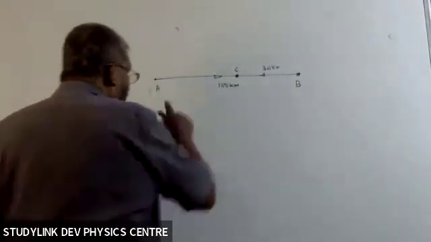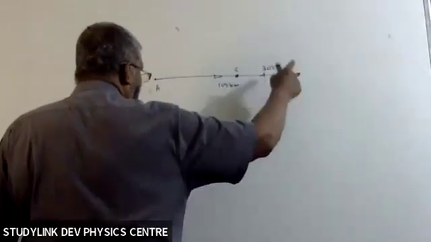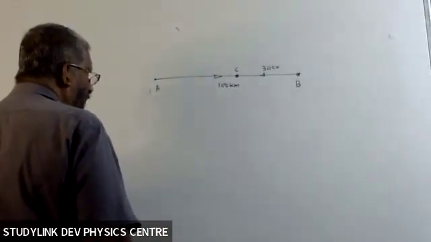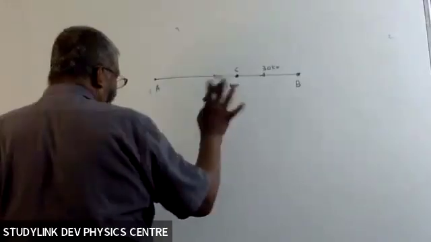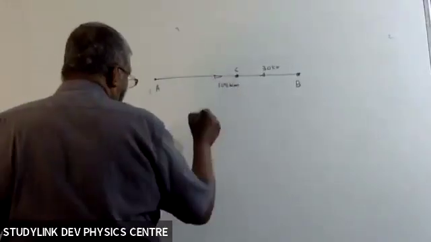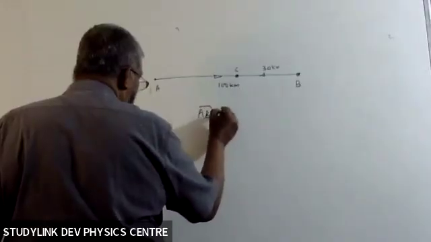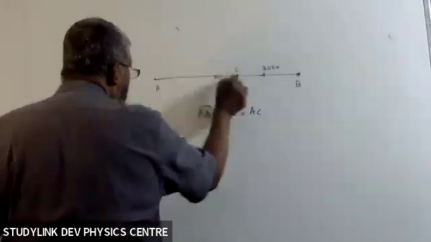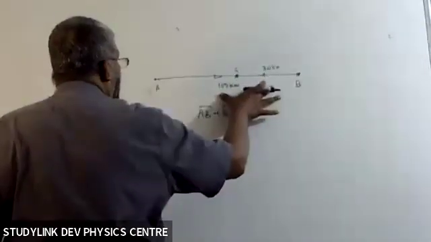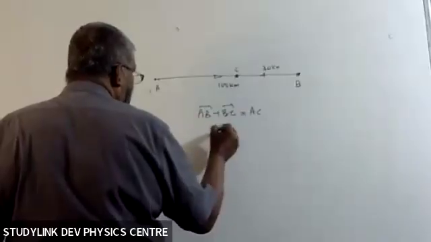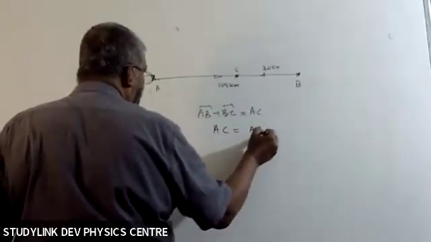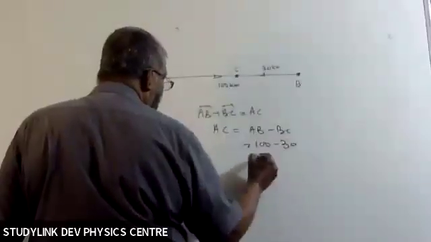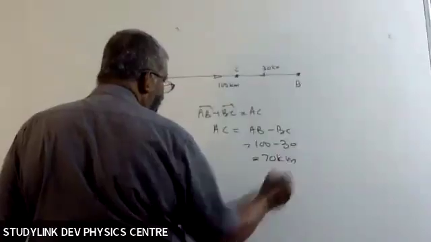It is very simple. It went AB, then BC. The triangle is not there. AB plus BC, that is AC. Now see, from A to C. Altogether 100. So AC is equal to AB minus BC. 100 minus 30, 70 kilometers.